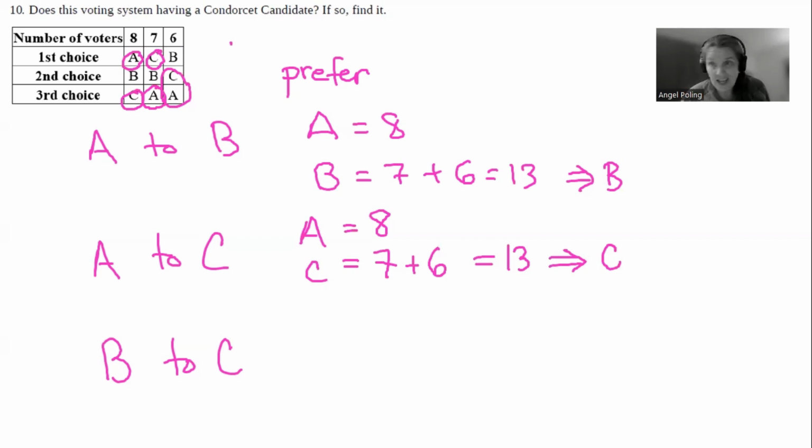So right now it looks like A is not preferred. They'd rather have either one than A.